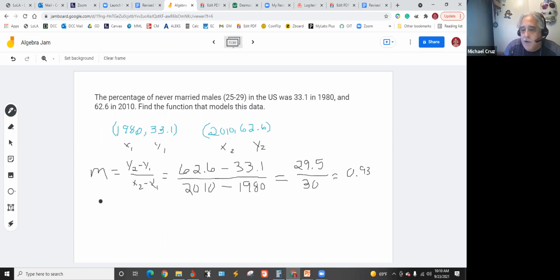So now let's build our equation. Remember, we're going back to y minus y1 is equal to m times x minus x1. We're filling in this, and this, and then simplifying it. So it's y minus, I'm just going to use this one. You could use the other one if you wanted.